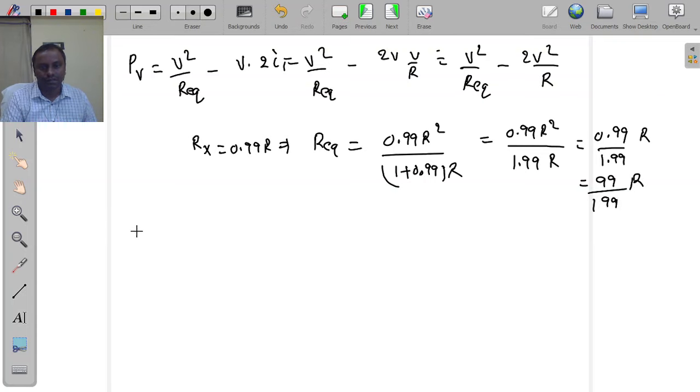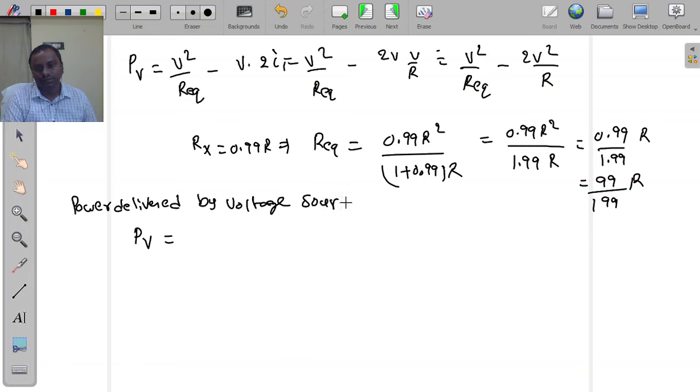Now substitute. Now power delivered by the voltage source. So V square divided by 99 R by 199.